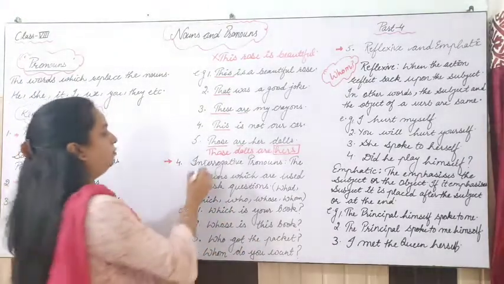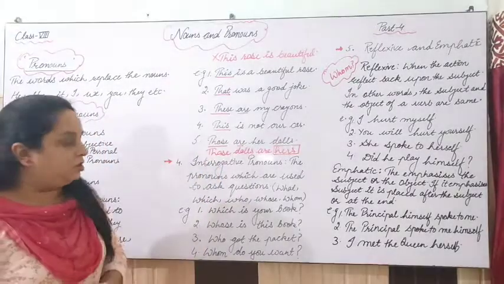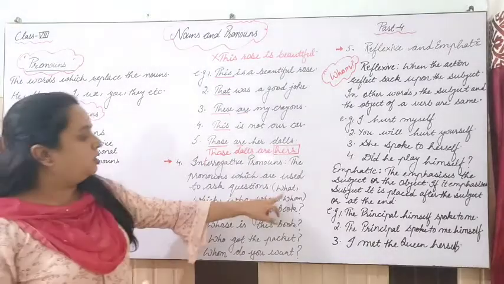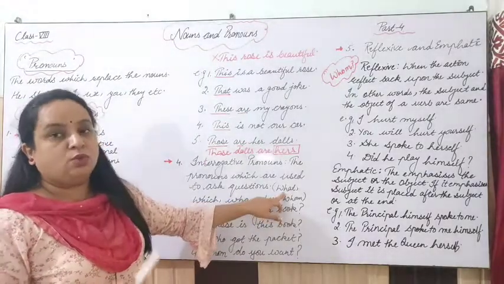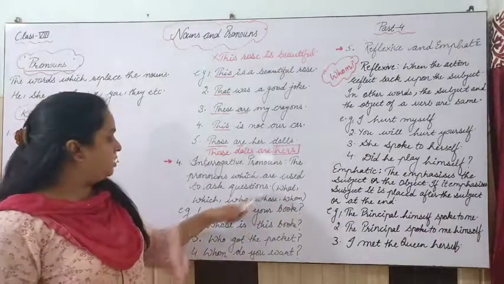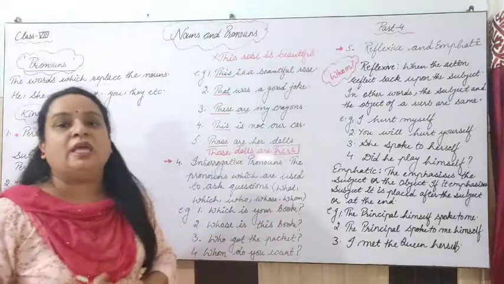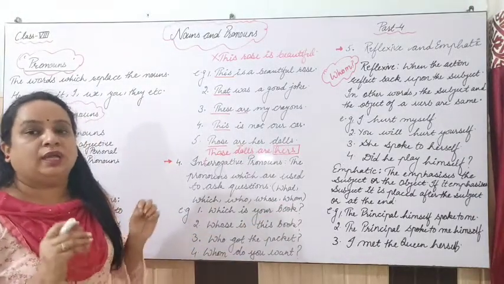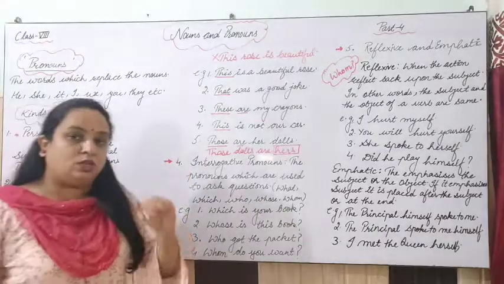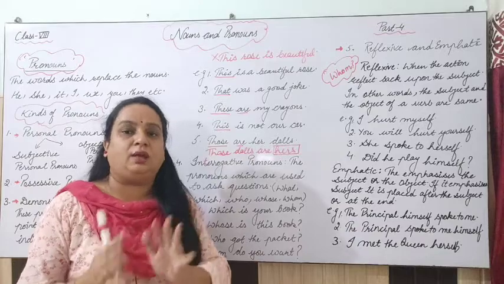So interrogative pronouns are the WH family words, and these words will ask a question. So words like what, which, who, whose, whom will work as interrogative pronouns. But here also there is a similarity between adjectives and pronouns.